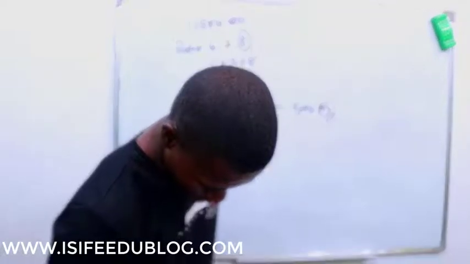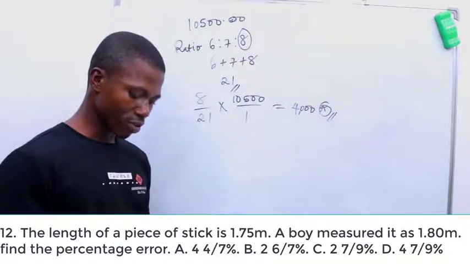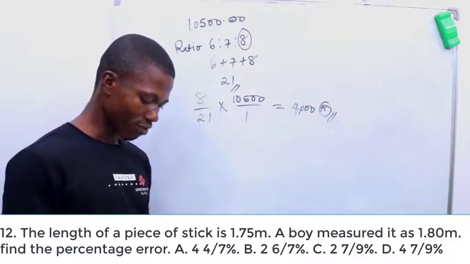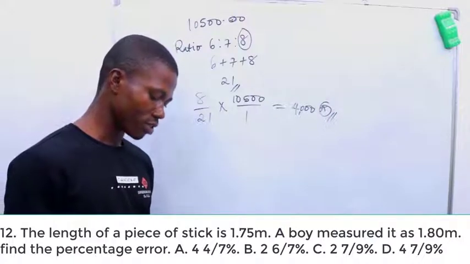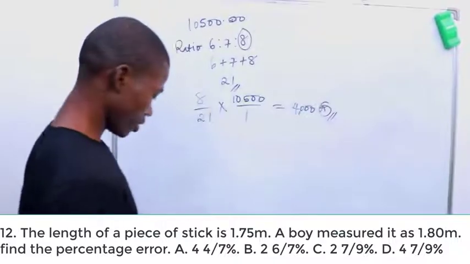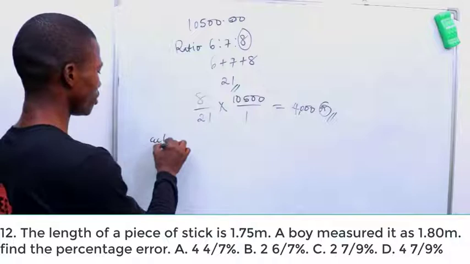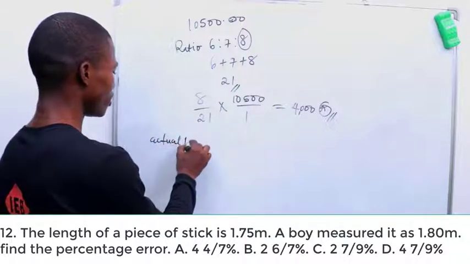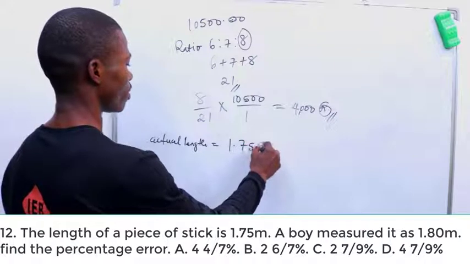Okay? The length of a piece of stick is 1.75 meters. A boy measured it as 1.8. Find the percentage error. This is percentage error and accuracy. Okay? So the actual length is 1.75 meters.